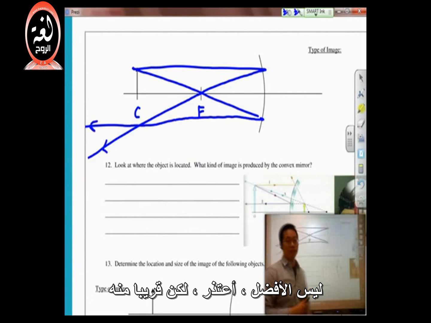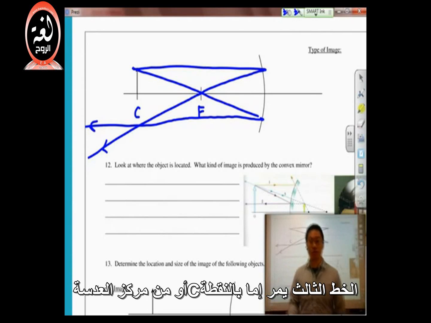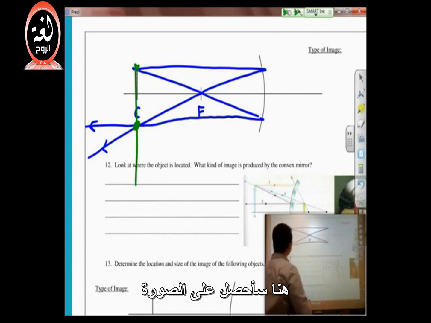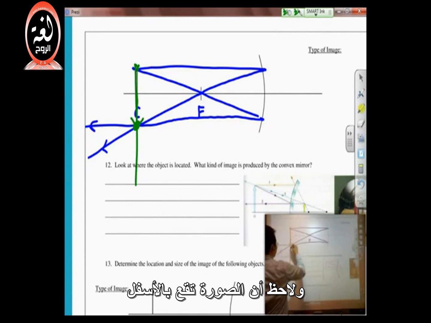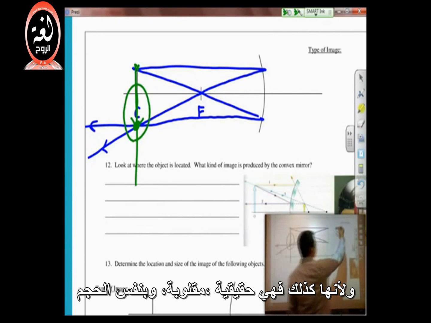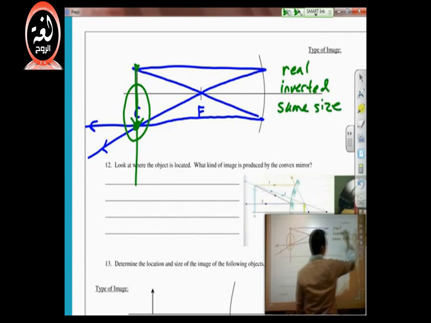Not the best line, I apologize, but close enough. My third line will be a check, either through C or straight through the center of the lens. Either way, I'll just cheat and just say through C itself. And over here, I actually get my image. And notice that the image is exactly underneath. And because it's exactly underneath, it's real, it's inverted, and it's the same size.